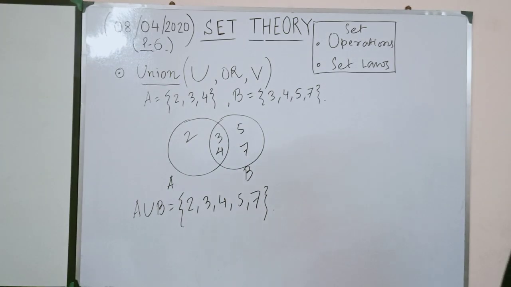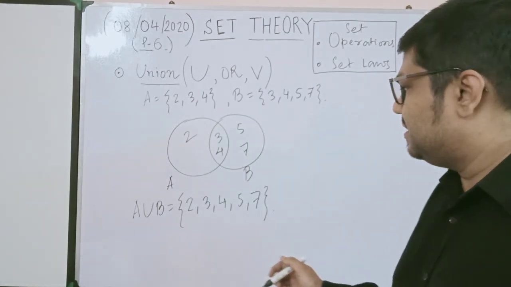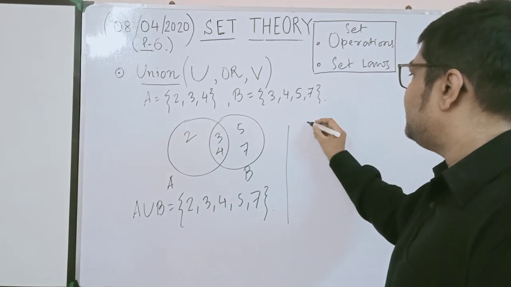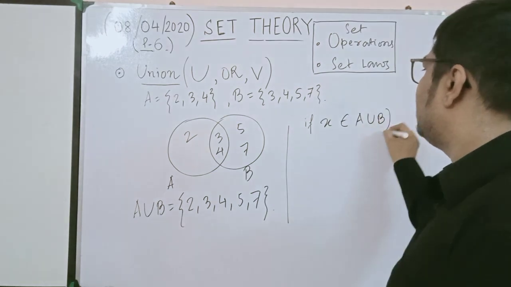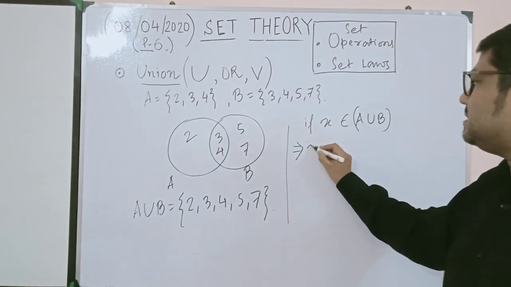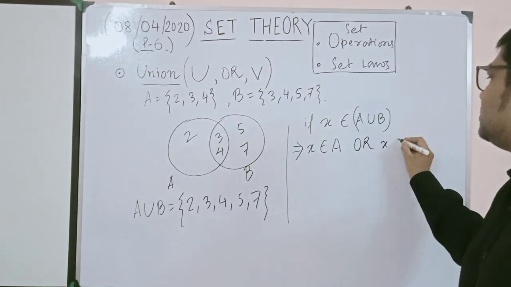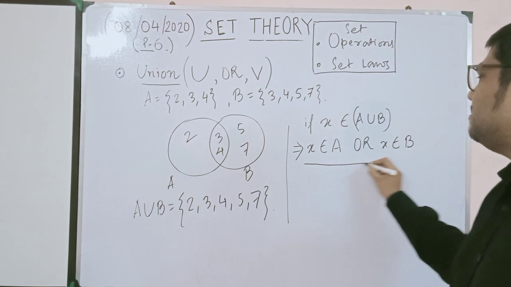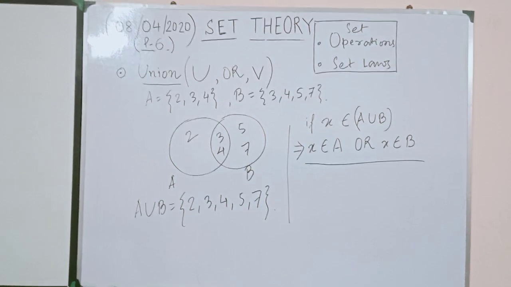Algebraically we say that the element is either present in A or present in B. If we write X belongs to A union B, it implies that X belongs to A or X belongs to B. So that is what we mean by union.